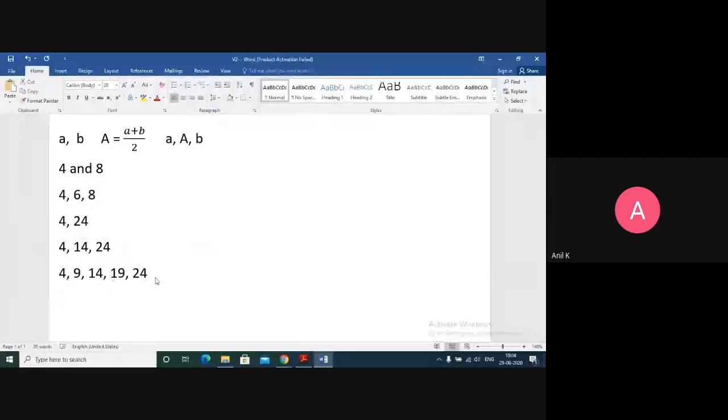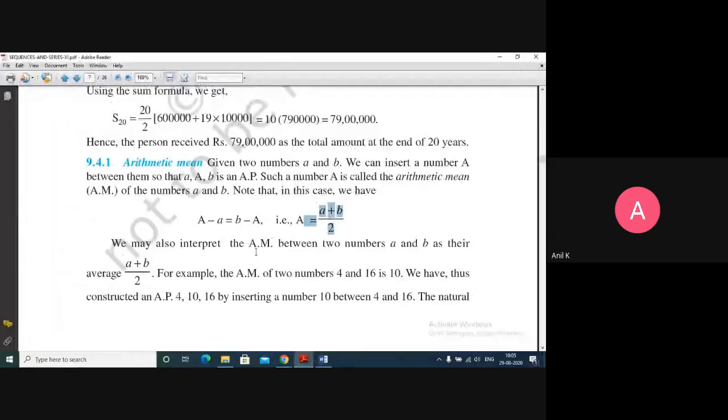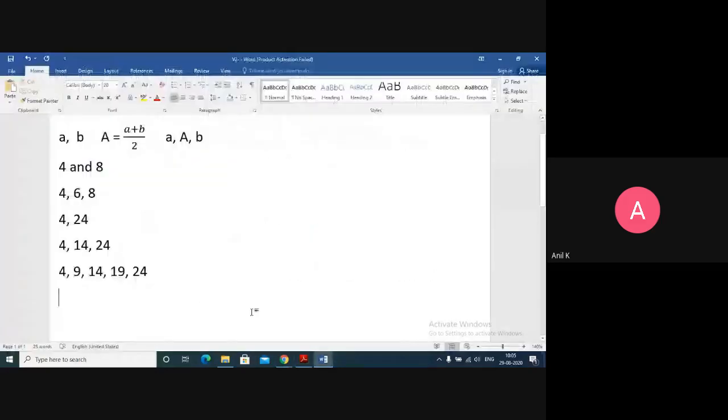And if I want to insert further, here is the formula: A equals between A and B. Or if you want to go by algebra, if A, A and B are in AP, then the common difference, second term minus first term, must equal third term minus second term.